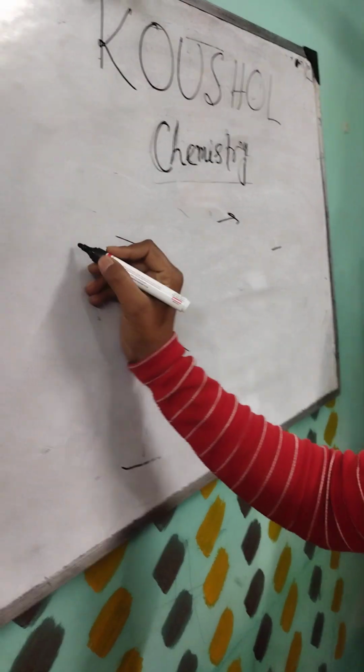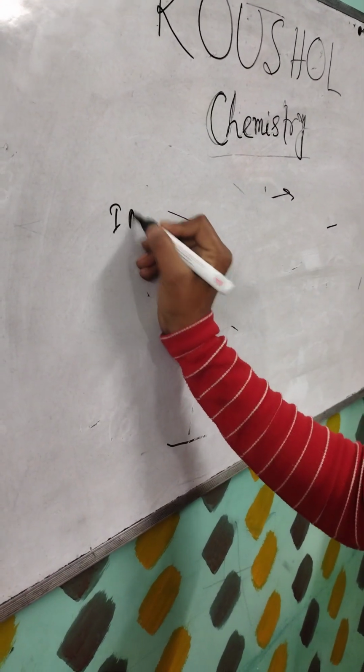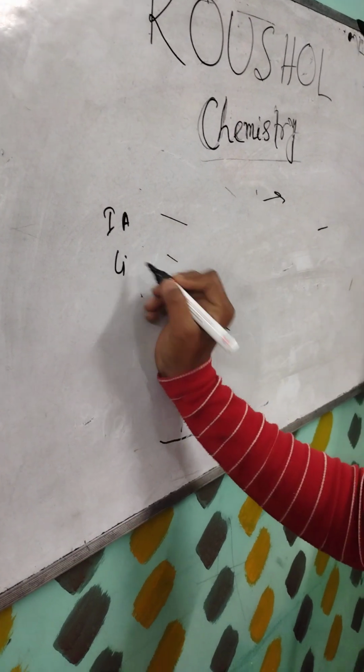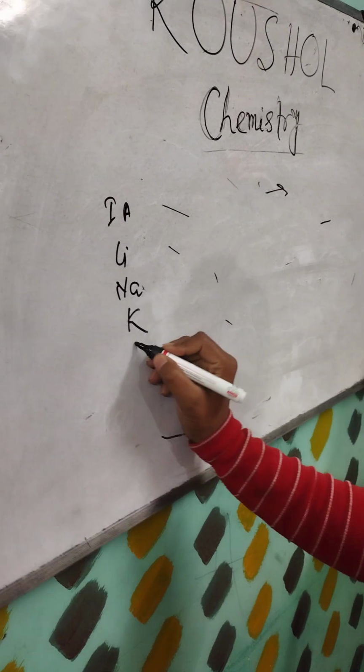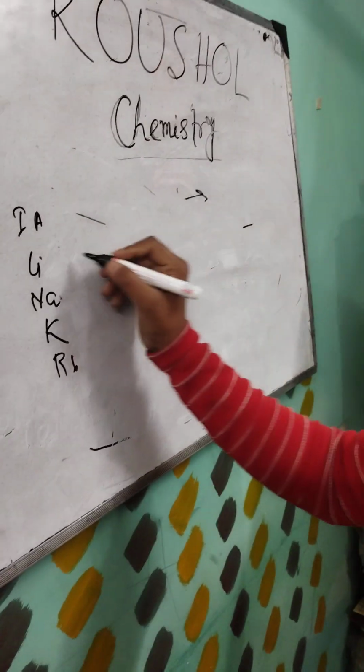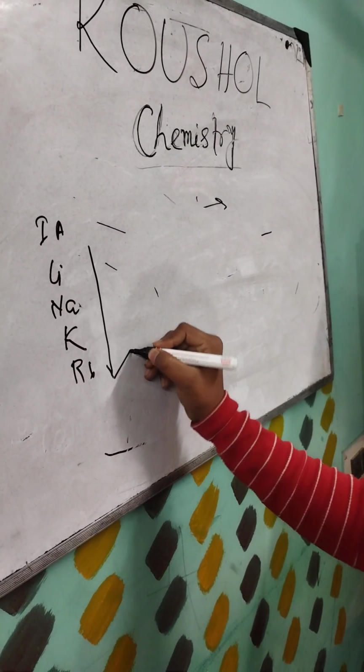Going down the group, in group 1A, we have lithium, sodium, potassium, rubidium. Ionization energy decreases down the group.